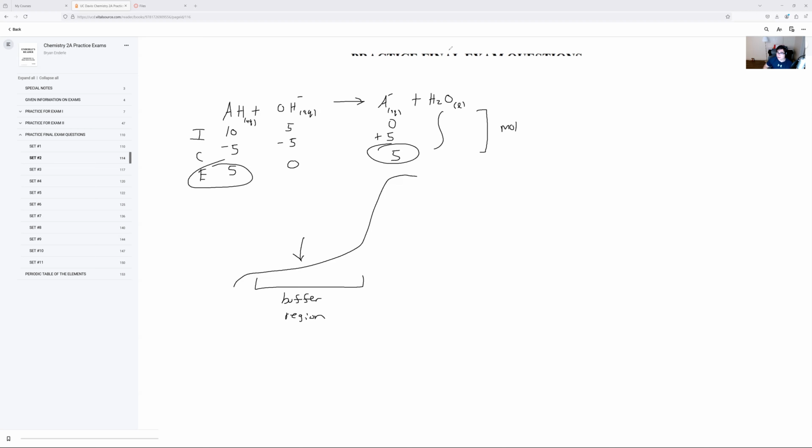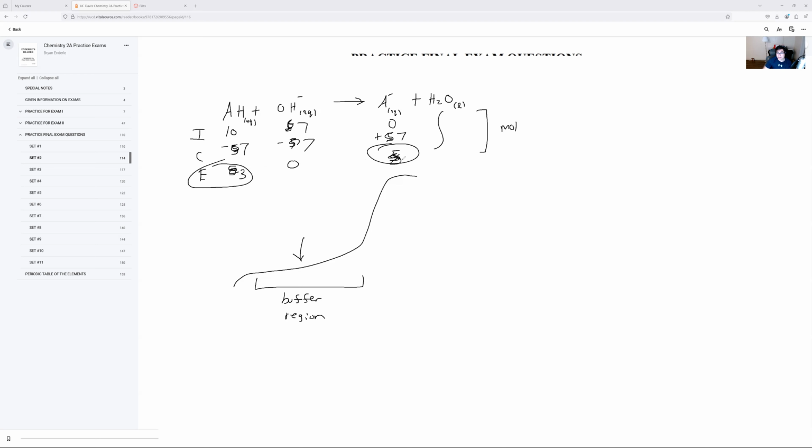So if we did this problem, in this case, the log of B over A is 0. But if I change this to 7, then it wouldn't be 0. You would do the same thing.